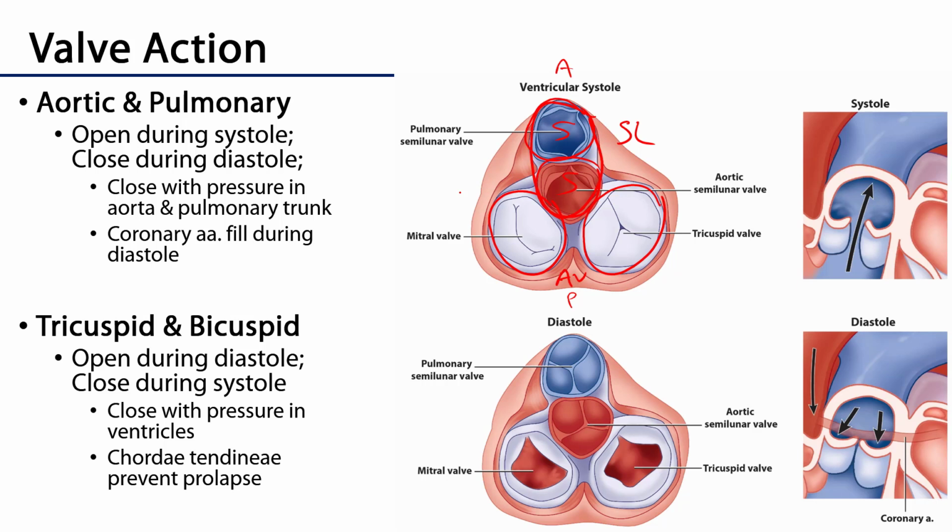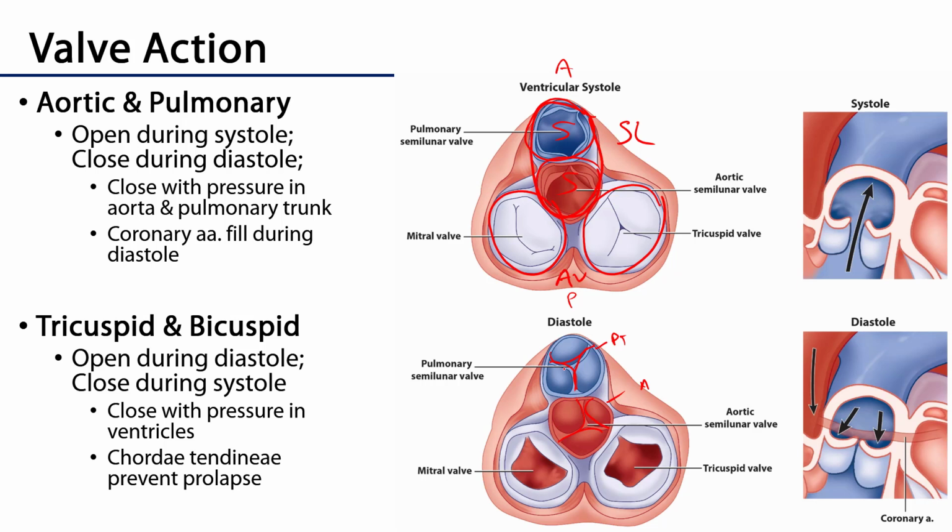During diastole, what happens is pressure is greater in the pulmonary trunk and aorta, and so blood will actually begin to move back toward the ventricles, but it gets caught in these cusps. And that pressure forces these cusps closed or in close approximation with one another. So during diastole, the pulmonary and aortic valves are going to be closed.